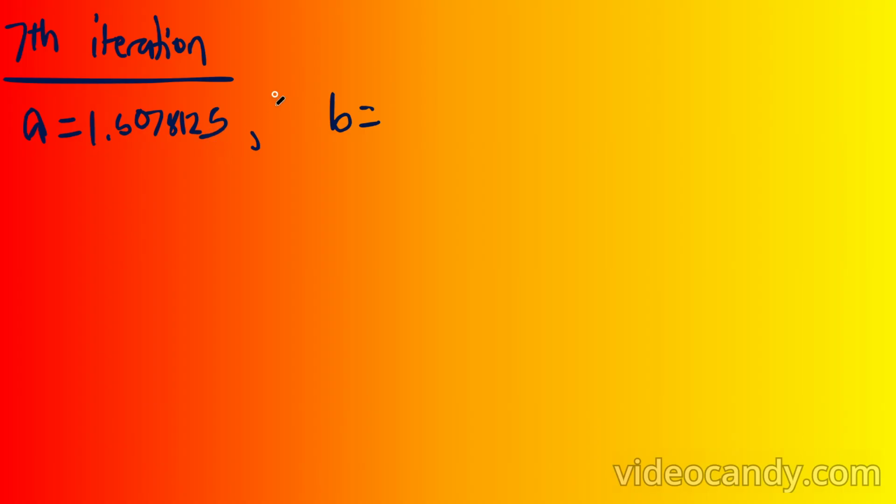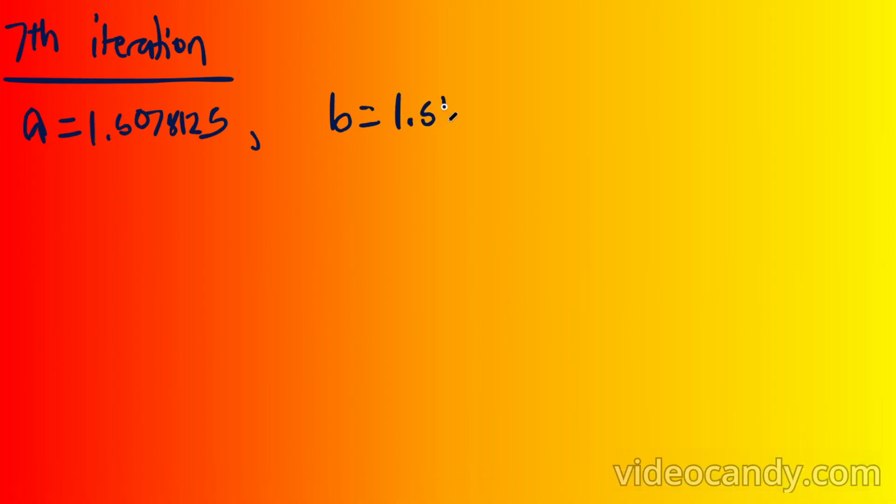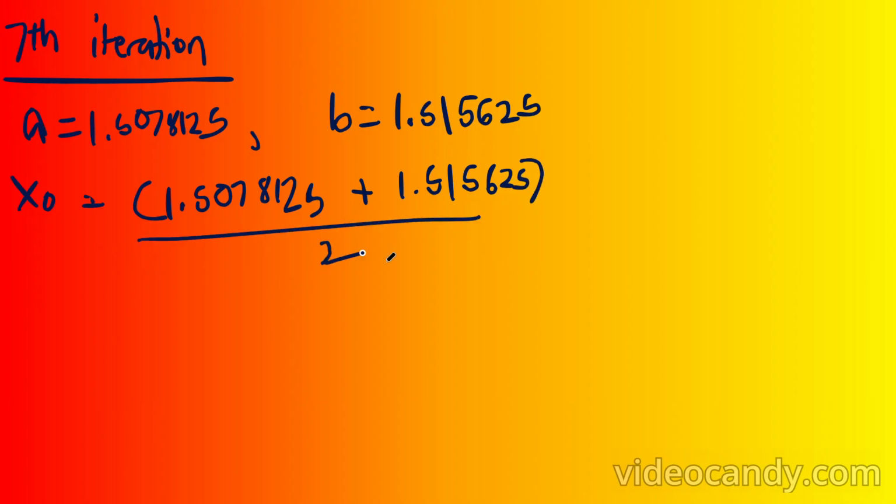B, we need to change to a new number. So if the number becomes negative, B must get a new number. So B is 1.515625. Okay, so x0 is 1.5078125 plus 1.515625 divided by 2. How much?